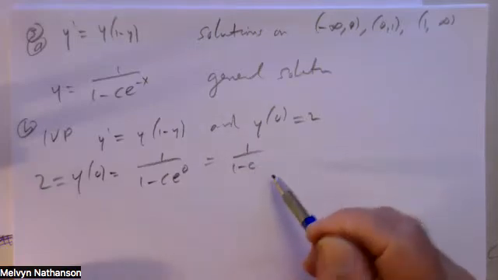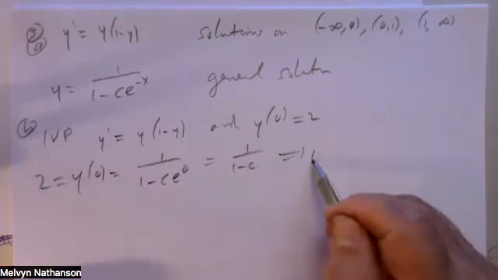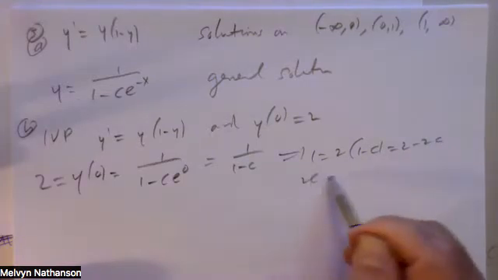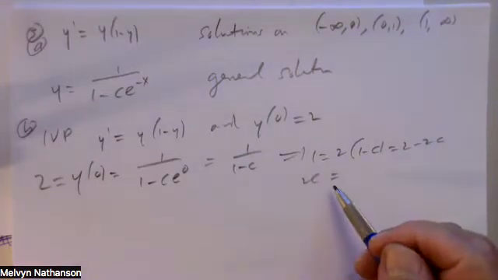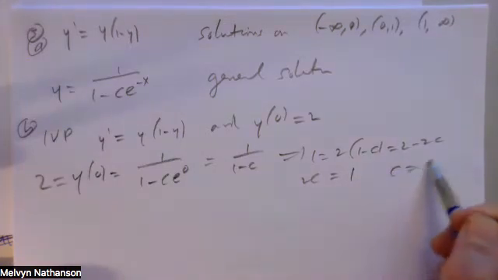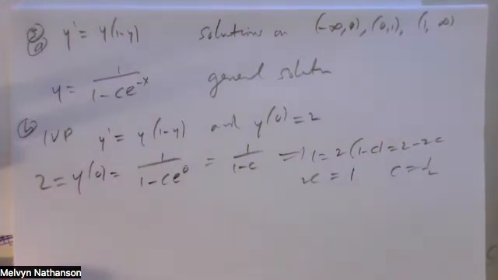That's 1 over 1 minus c, which means 1 is equal to 2 times 1 minus c, or 2 minus 2c, which means 2c equals 1. C equals a half.